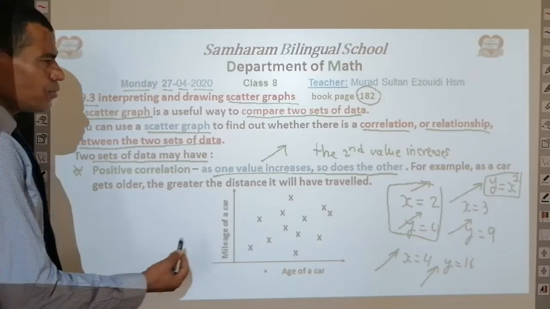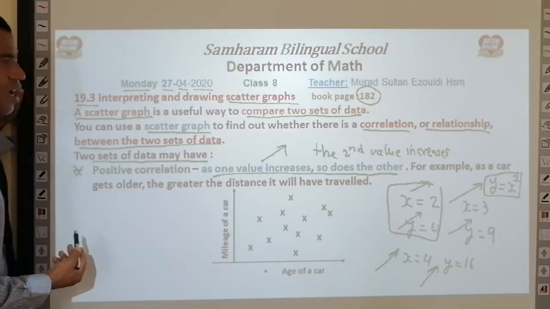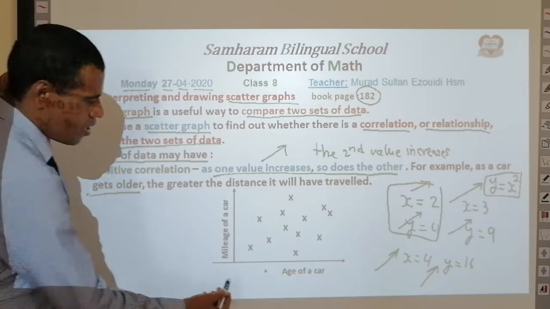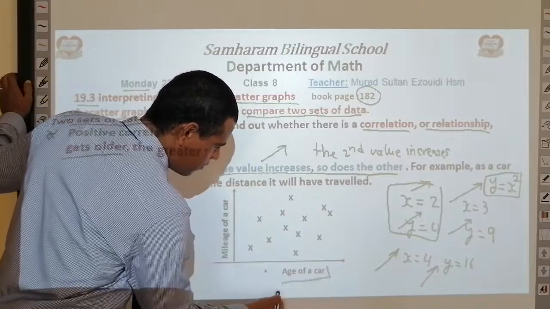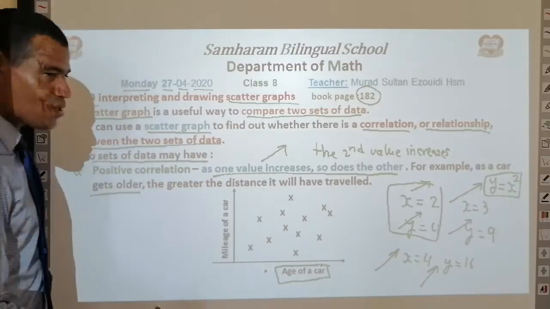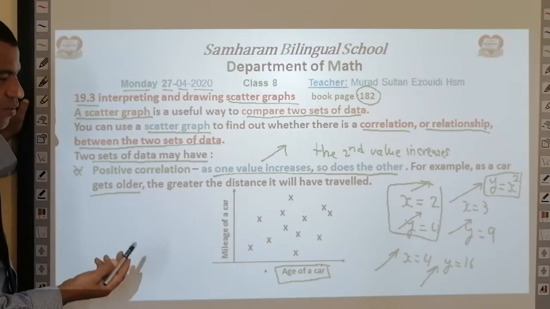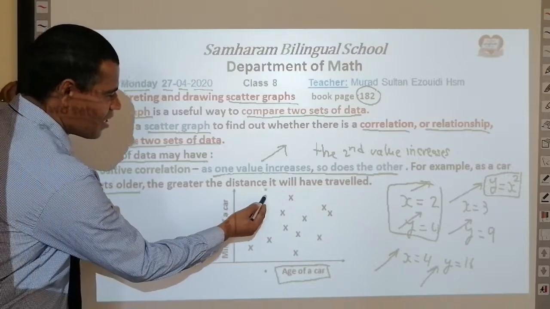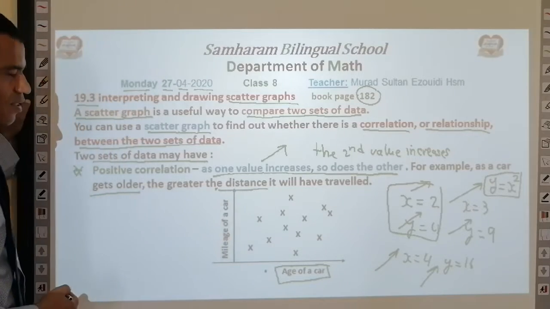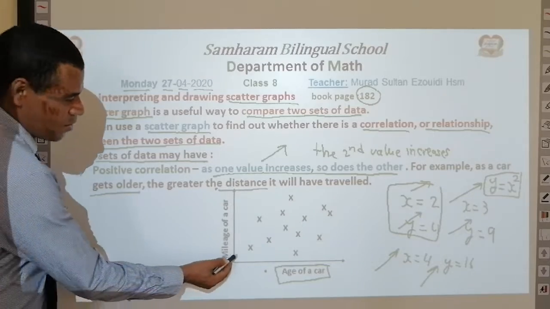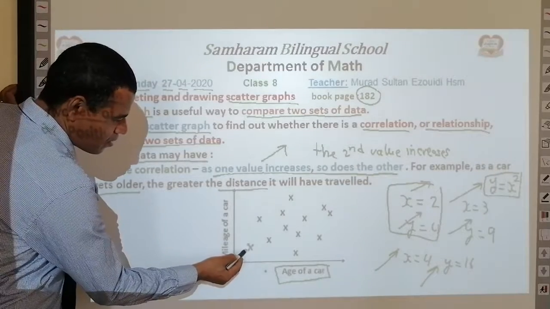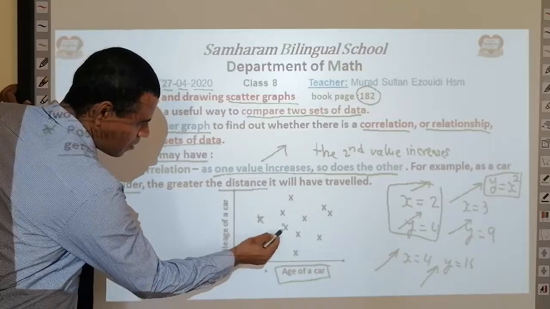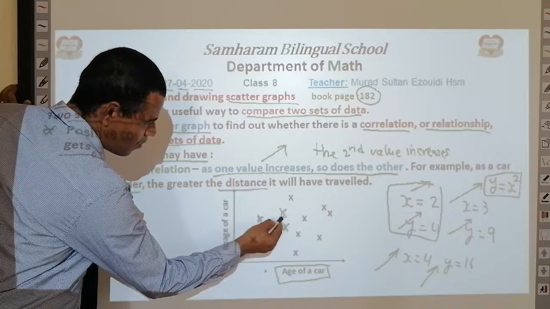For example, consider the age of a car. The older the car, the greater the distance it will have travelled. You can see these points. So this is called positive correlation.